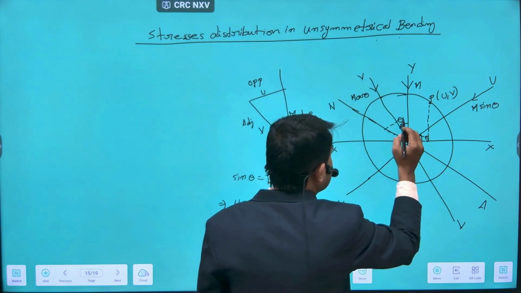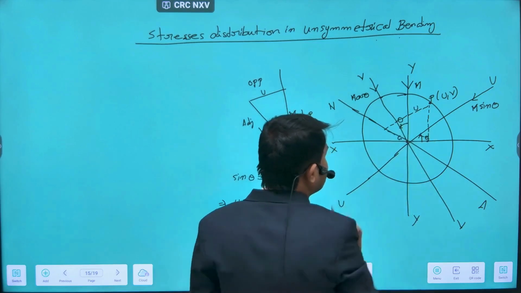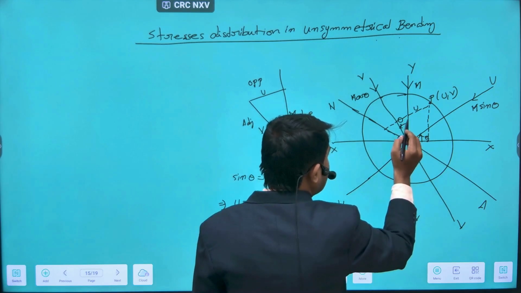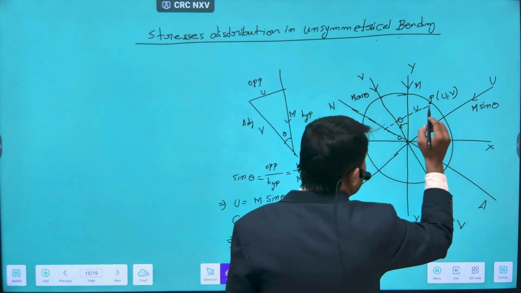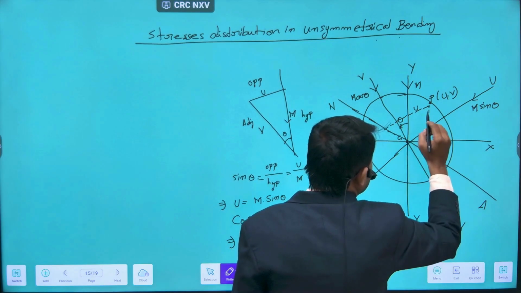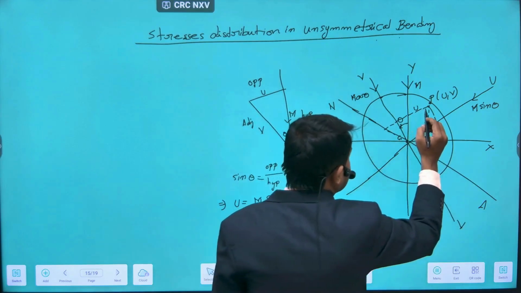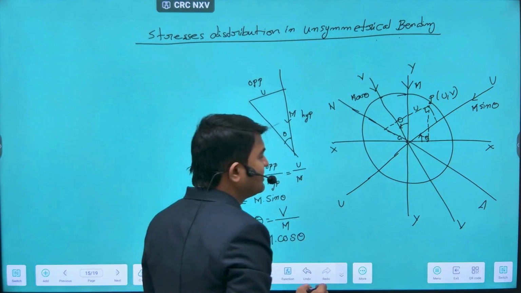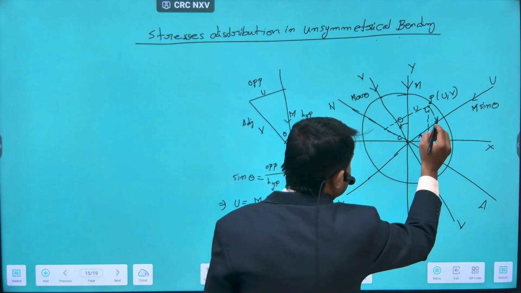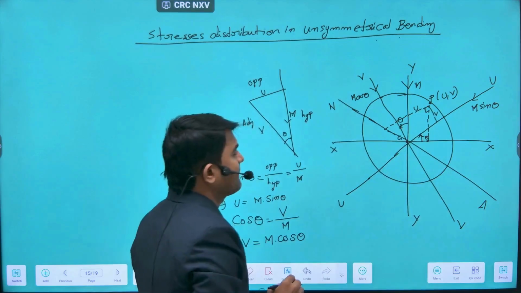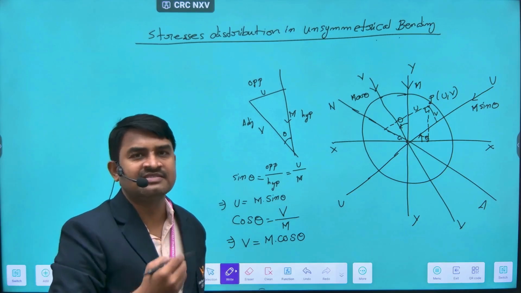This line meets the vertical, and this component is, let us say, U. Why is it U? Because the line is parallel to the principal axis U. Again, from this point, draw a line making an angle of 90 degrees, using a compass, placing the point here and drawing a perpendicular line. Now this component is V. This is very important to identify for the next step.